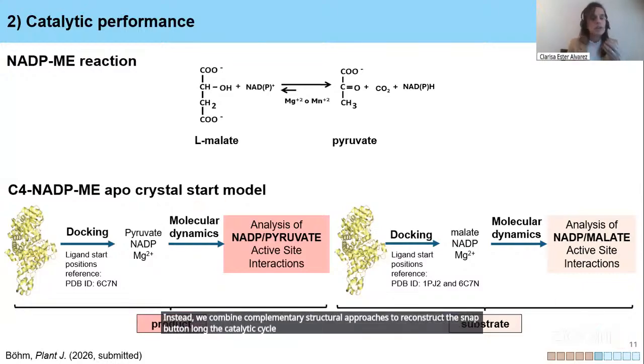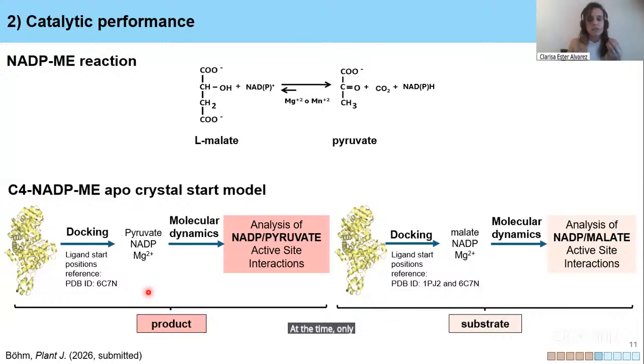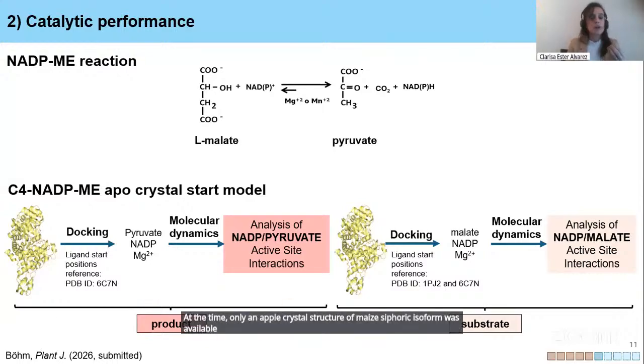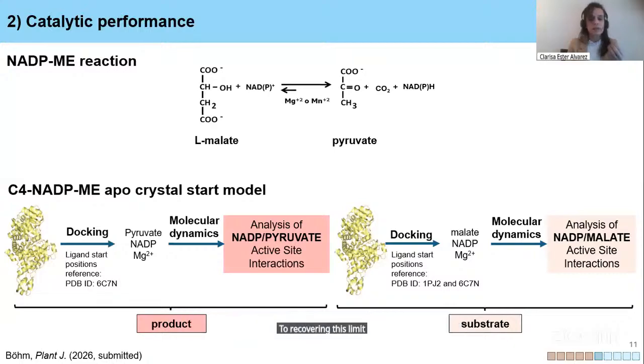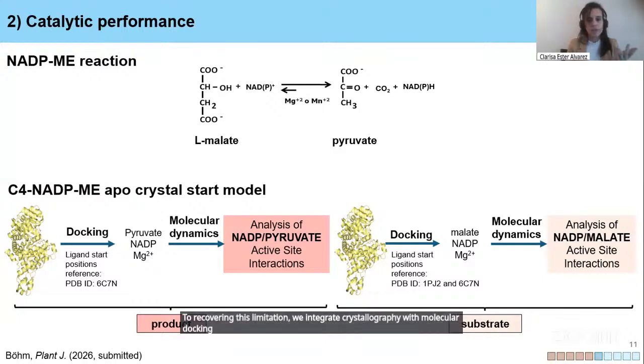At the time, only an apo crystal structure of the maize C4 isoform was available. To overcome this limitation, we integrated crystallography with molecular docking and molecular dynamics simulations to reconstruct the catalytically relevant states.